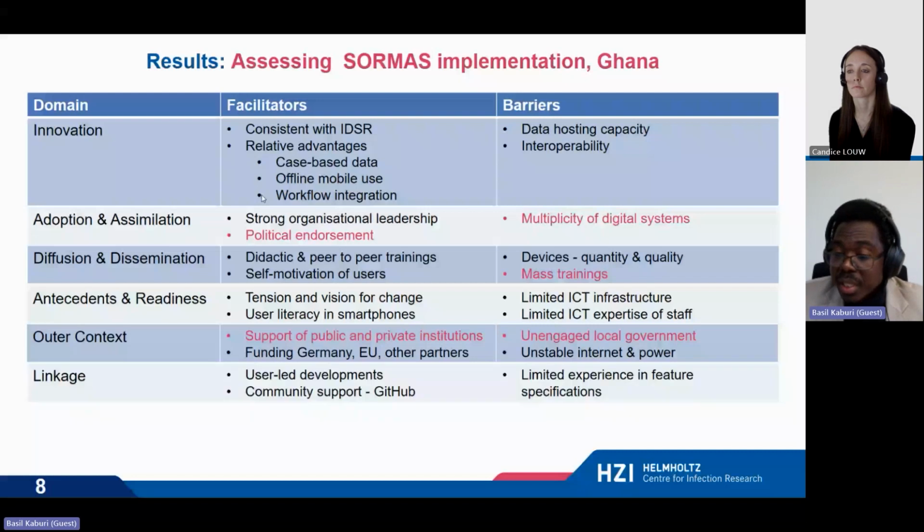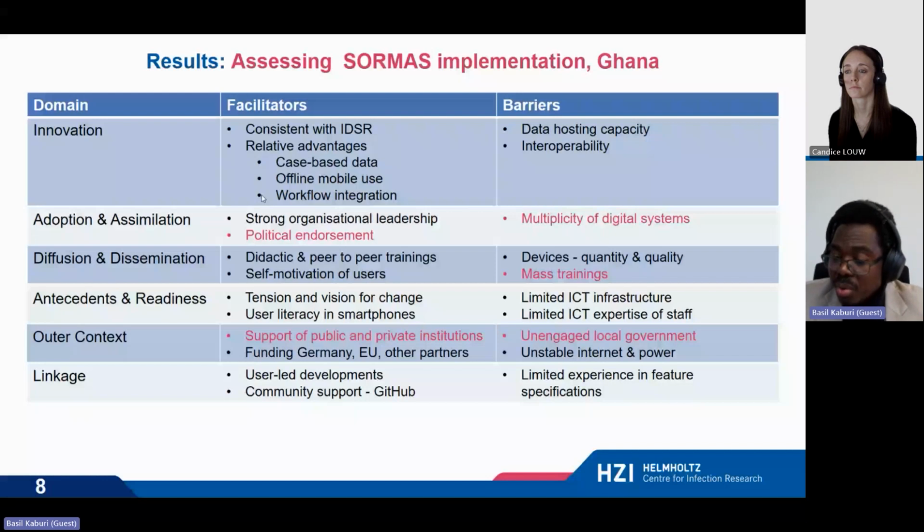There was a linkage between the developers of the system and the users, and most of the features, updates, and new features that were developed were user-led. And when users have their requests addressed and they're able to use it within days and weeks of requests, then it actually increased the motivation.